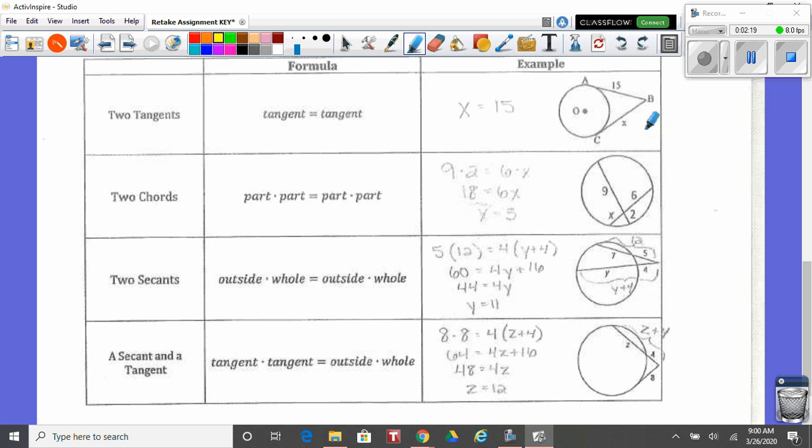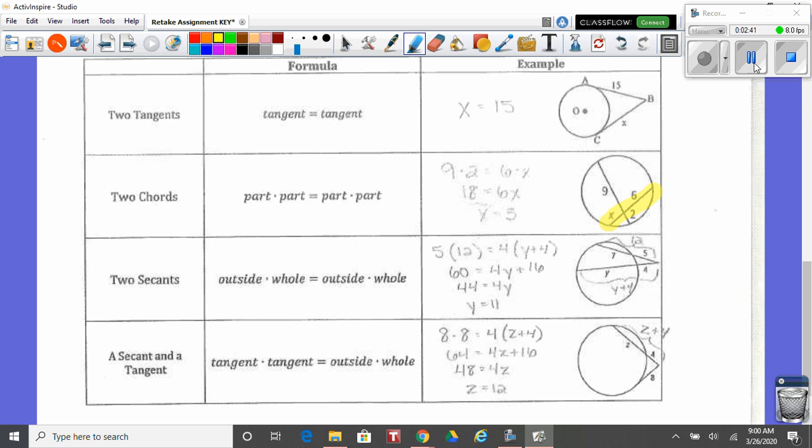Tangent equals the tangent. So for this one, x equals 15. That's just simply BC is going to equal 15. For our second one, we have the 2 chords. Whenever you have the 2 chords, we need to identify the part times part equals part times part. For this, the part times part comes from the exact same chord.